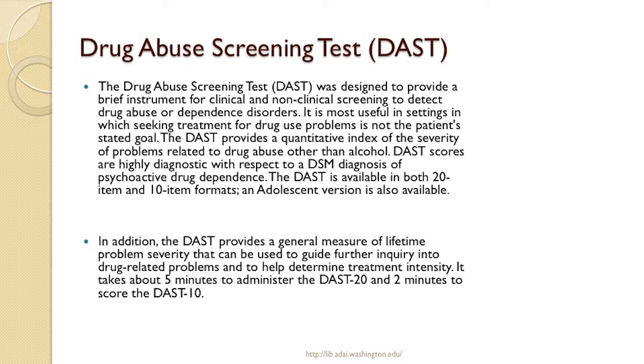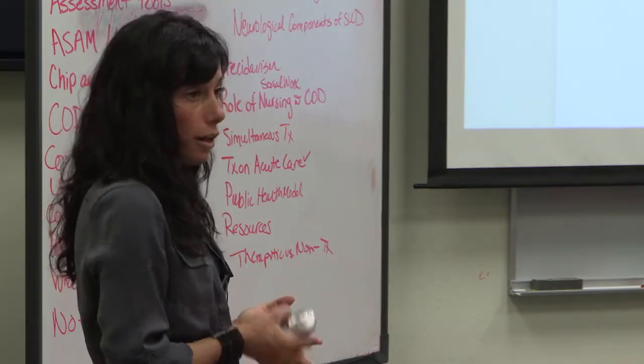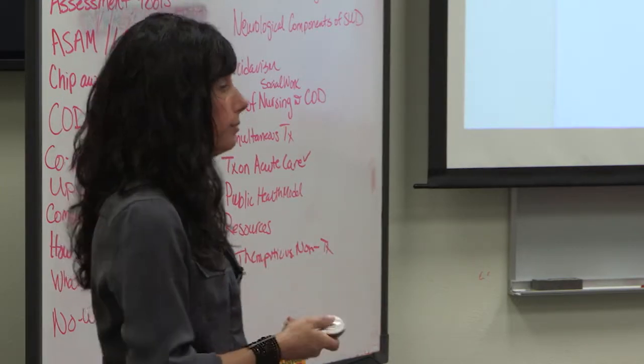Again, it's a general measure of lifetime problem severity, to help guide further inquiry, figure out if further assessment is needed, and help with treatment planning. You can do it paper and pencil or in interview format. For today, we're just going to try it in an interview format.